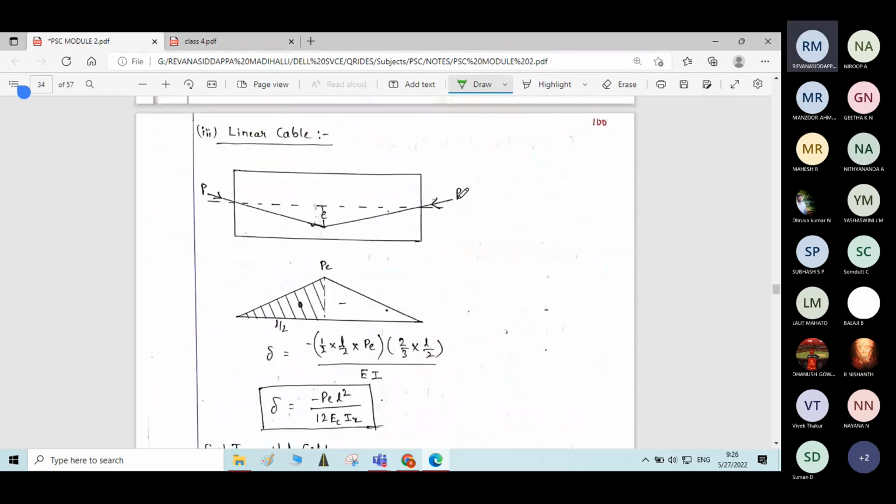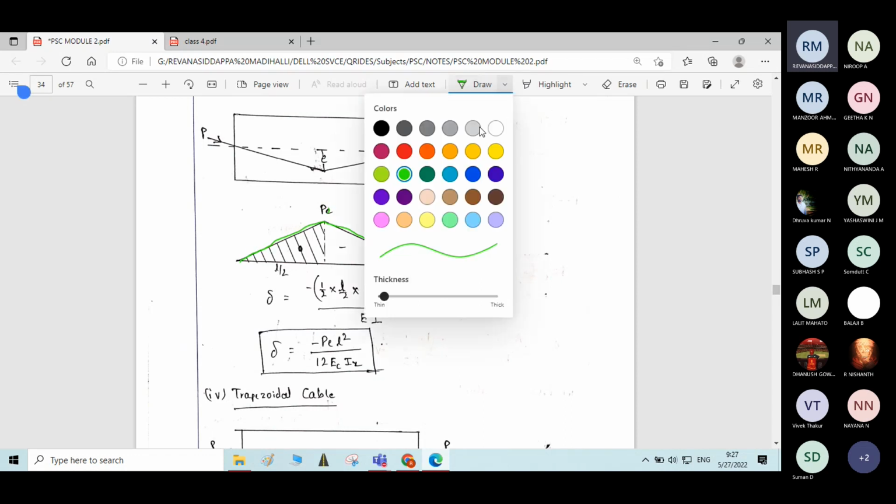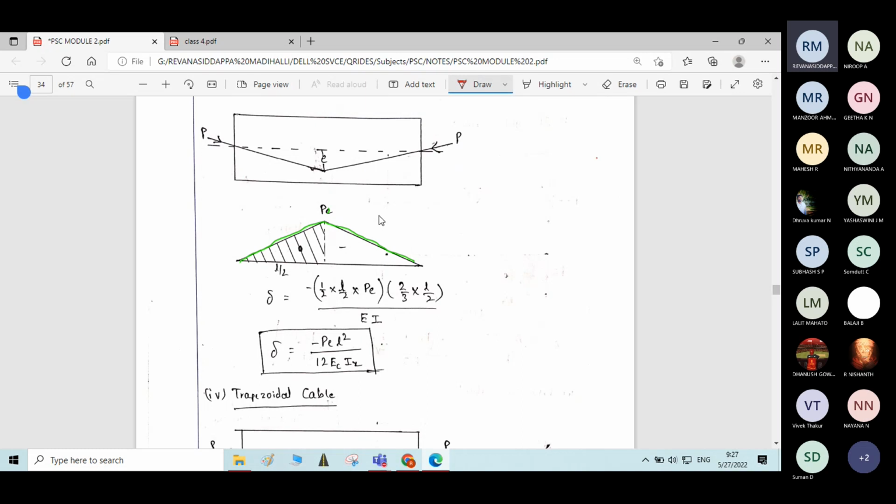Then coming to the deflection due to prestressing force with triangular profiled cable. Here profile of the cable is triangle. Then similarly, the nature of BMD will be triangular shape only with maximum bending moment at the center as PE. Again I have considered half of the BMD.